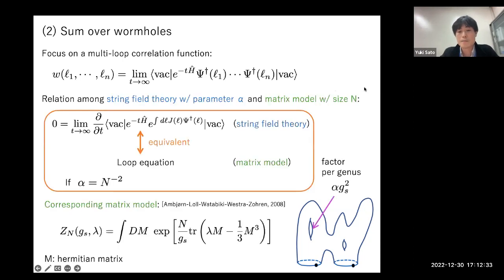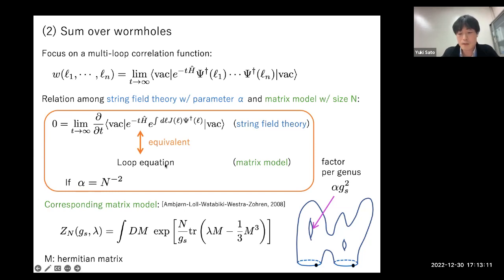However, there is an alternative equivalent description based on a matrix model. In the matrix model, there is a non-perturbative equation called the loop equation. And this loop equation is exactly equivalent to the Dyson-Schwinger equation in the string field theory. This is true if the parameter alpha in the string field theory is equal to 1 over N squared, where N is the size of the matrix.